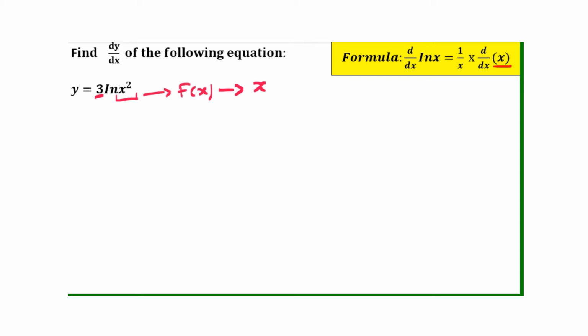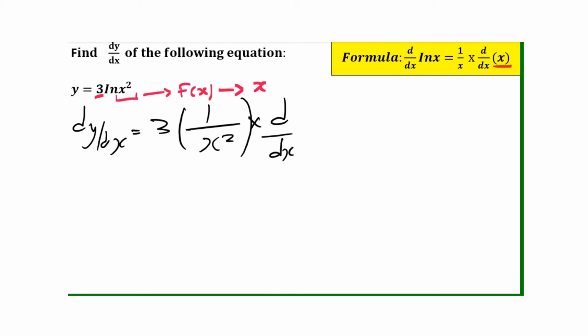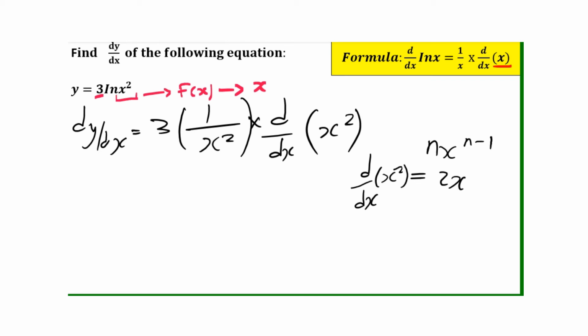So you're just gonna apply the formula as well. dy over dx equals, you keep 3 as it is, it's a constant, you don't touch it, and then 1 over whatever you have, which is x squared, multiplied by d over dx of x squared. So remember, the derivative of x squared is 2x, applying the same method.